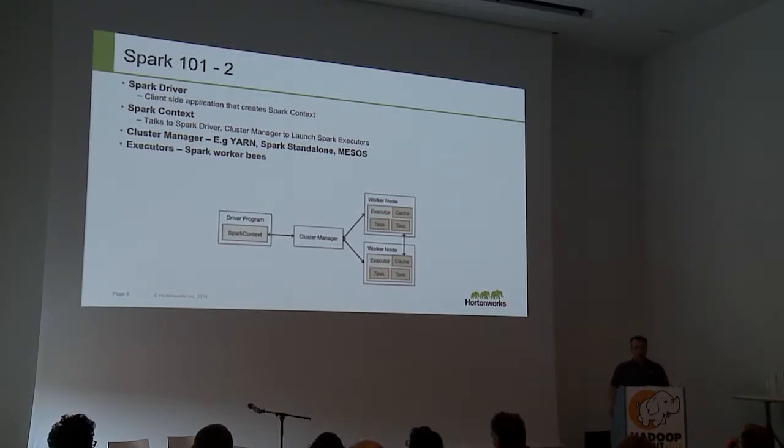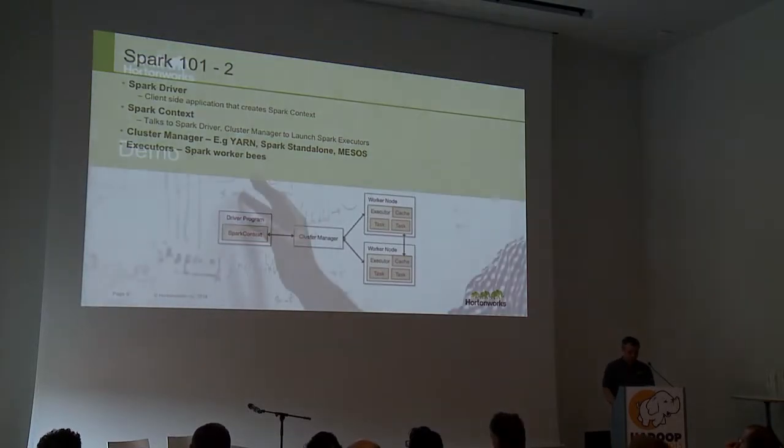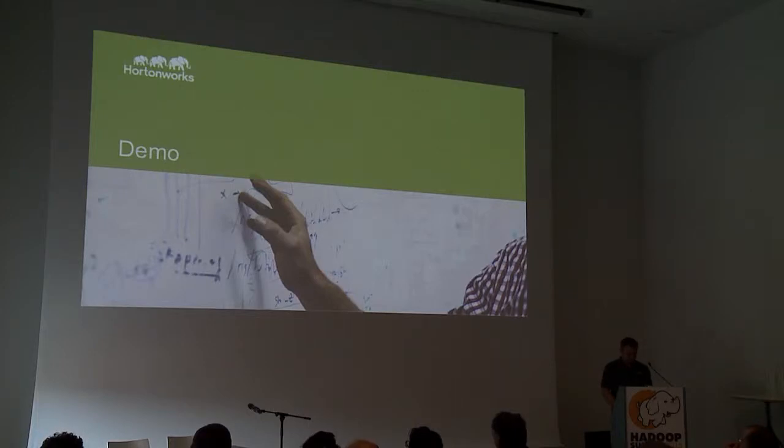And finally, the executors: those tasks that the compiler optimizer creates are the worker bees. Those are the ones distributed across your entire cluster, and that's the actual executable code, which encapsulates some of the functionality that you've defined. Okay? So, demo, that quick.